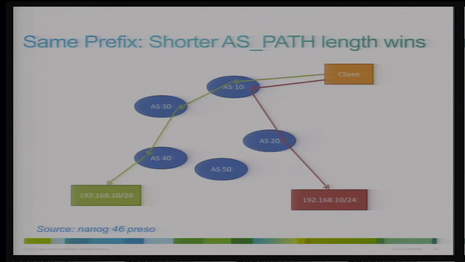Even though it's not a public IP address, let's say that IP address really belongs to a customer of AS40. But AS20 advertises that same prefix and says it is its own, right? It may happen by mistake, which is not very common, but it's possible. But it could happen also maliciously.